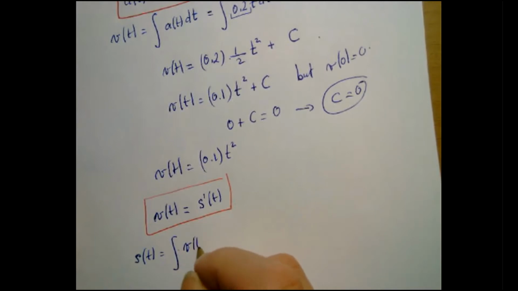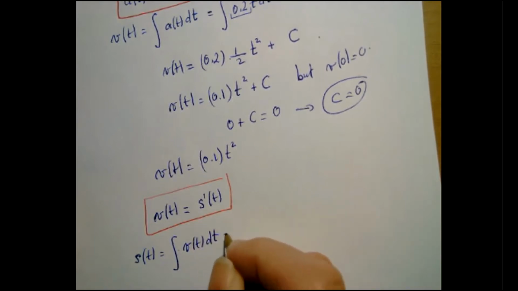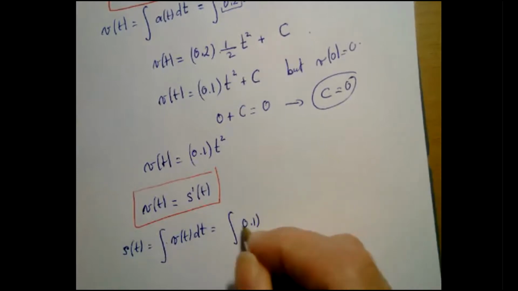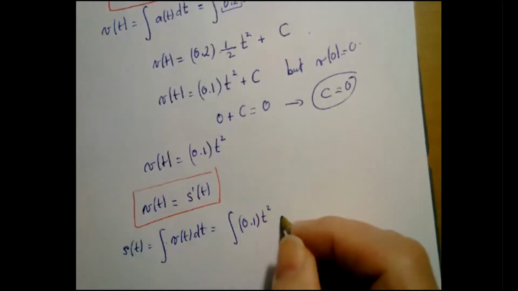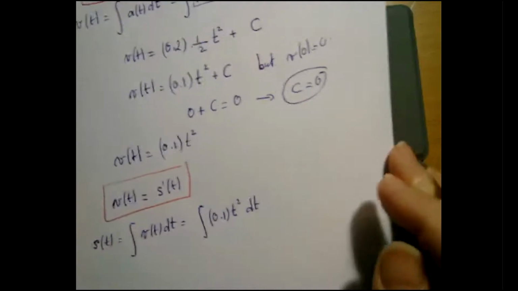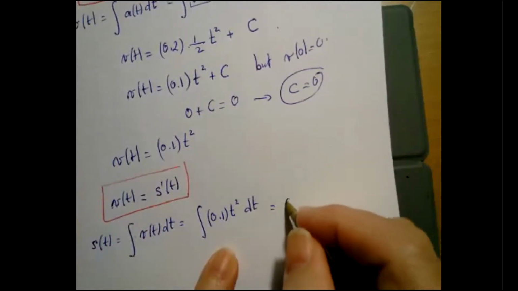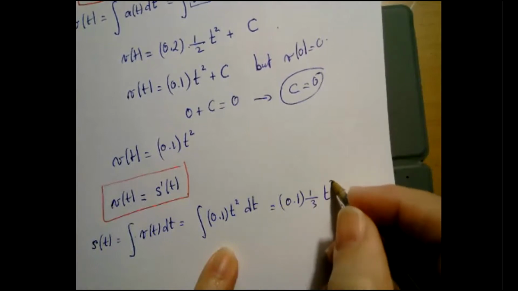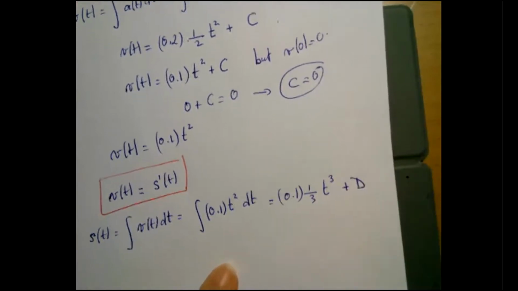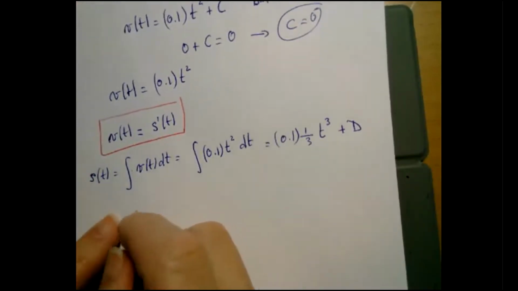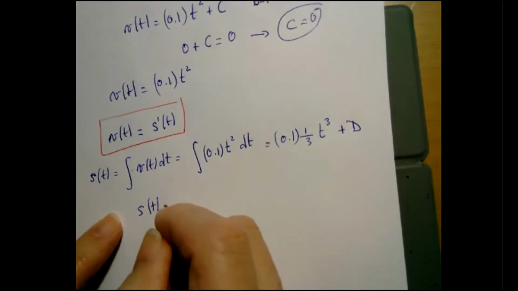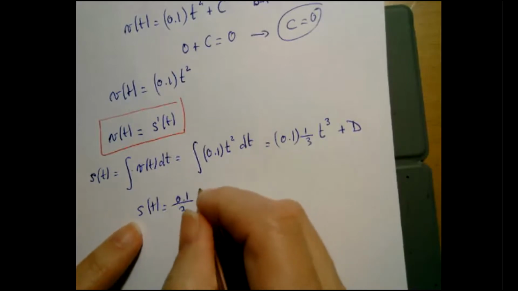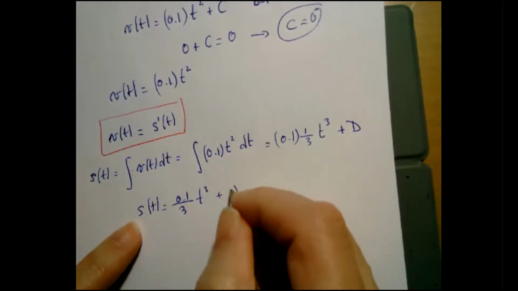It means the antiderivative of 0.1t squared dt, which is equal to 0.1 times 1/3 t to the power 3 plus a constant d. Again, so s of t equals 0.1 over 3, which is 1 over 30 t cubed, plus d.